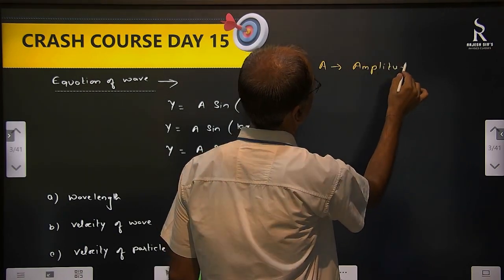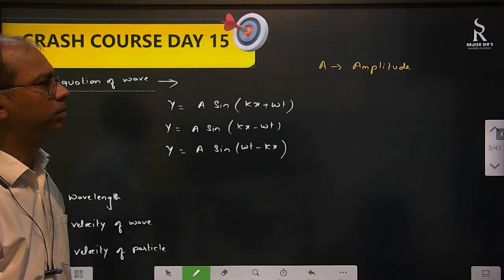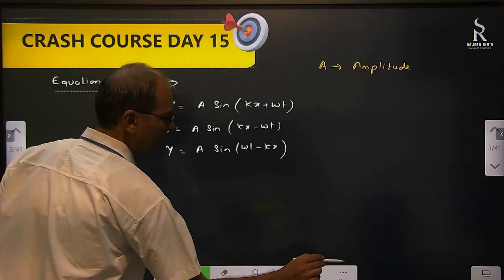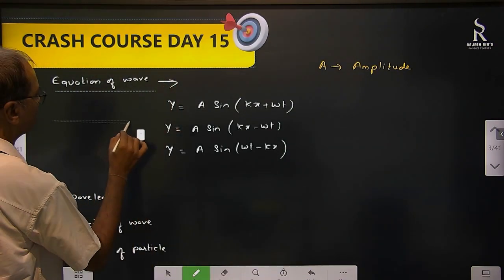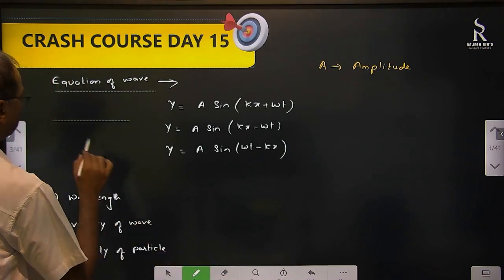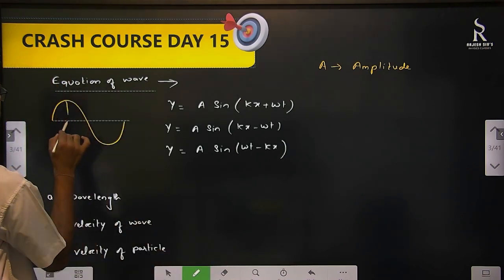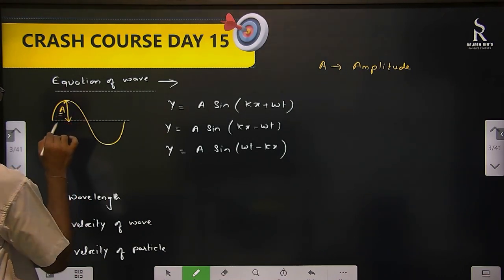The maximum displacement of the particle from its mean position. It means if I am going to make a transverse wave here, this is the transverse wave, then this is called amplitude. This is the maximum displacement a particle can have from mean position.